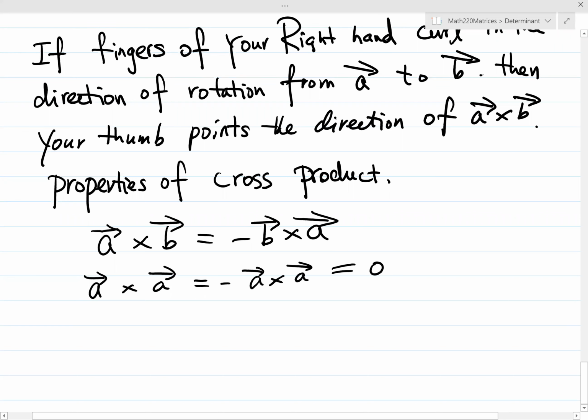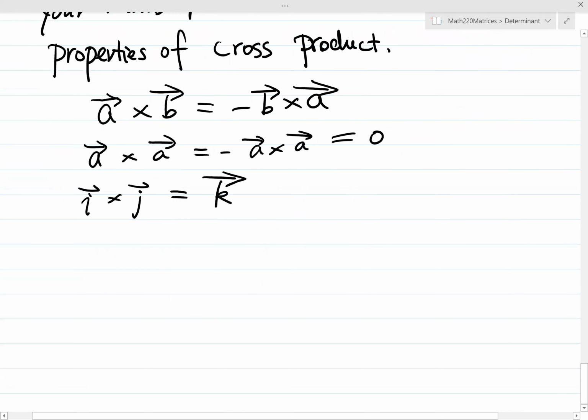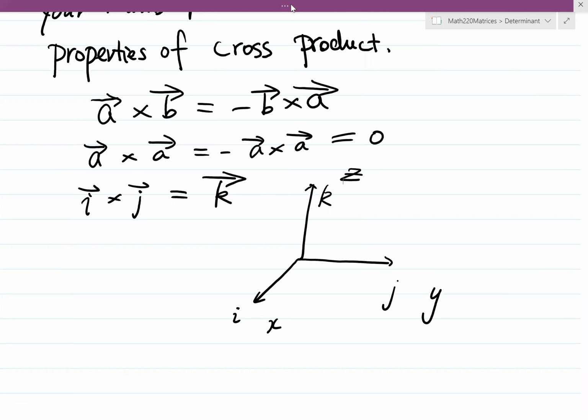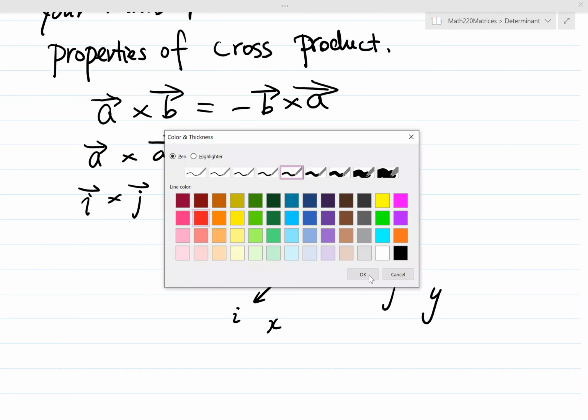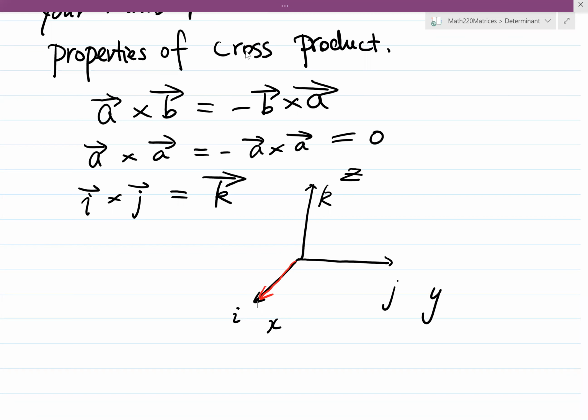And then I cross J gives you K. This is why, when we plot coordinates XYZ in R3, we always plot right-handed coordinates, with I, J, K along X, Y, Z. Let X be red and Y be green.